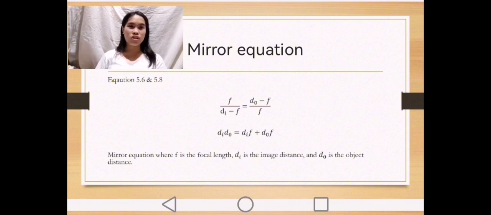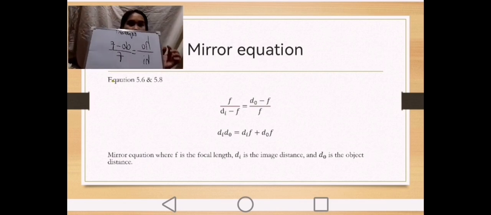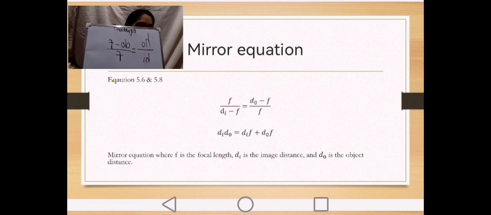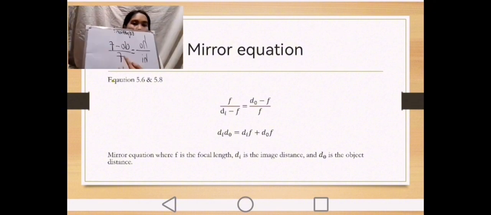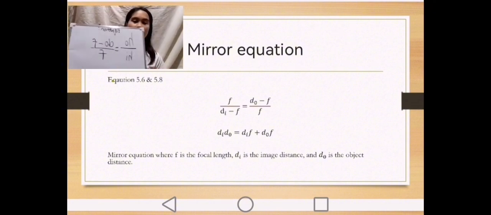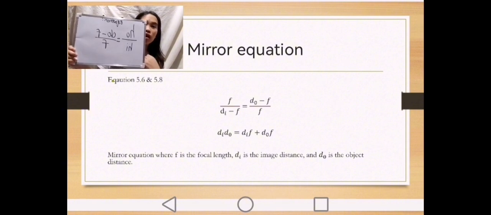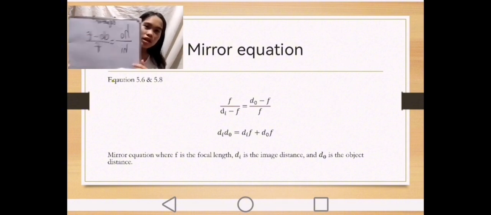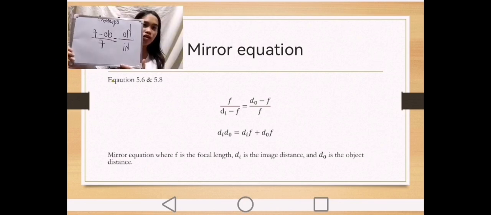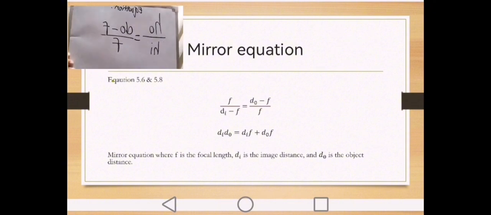And this is the equation that will be used: h sub o over h sub i equals d sub o minus f, where f is the focal point, over f. Before you get this equation, you need to take note of the angles involved. It is difficult, so we will just go straight to the equation. So this is the equation.